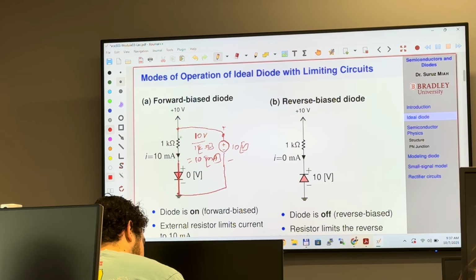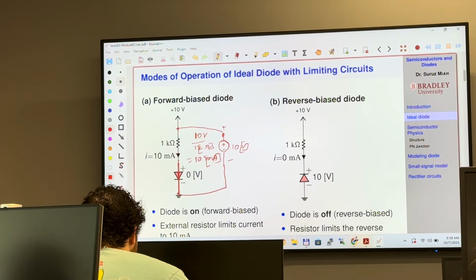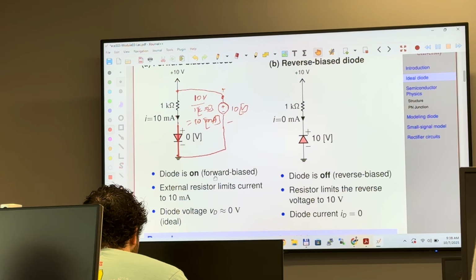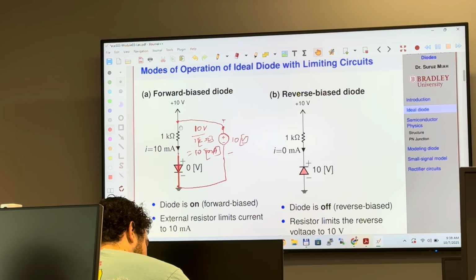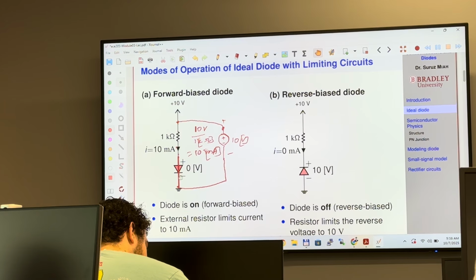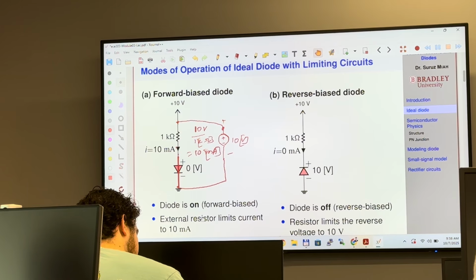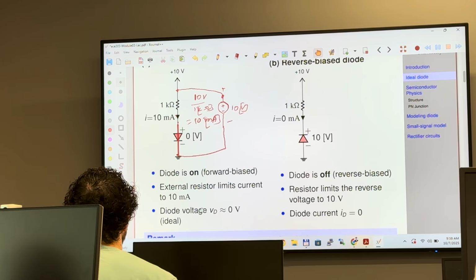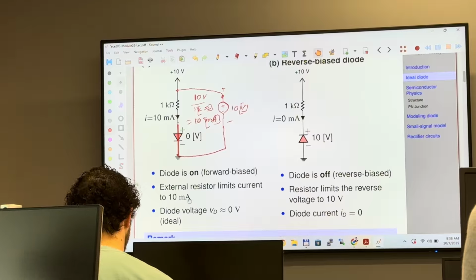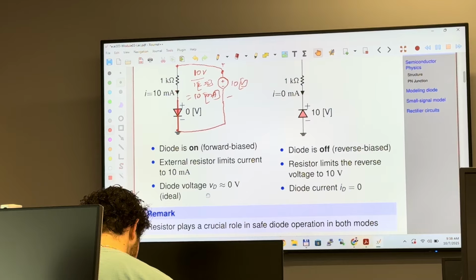So 10 milliampere current will flow through this diode. Here the diode is on because the anode voltage is positive with respect to the cathode voltage, or you can say the anode voltage is more than the cathode voltage, and the external resistor limits current to 10 milliampere, and the diode voltage VD is approximately 0 for the ideal case.